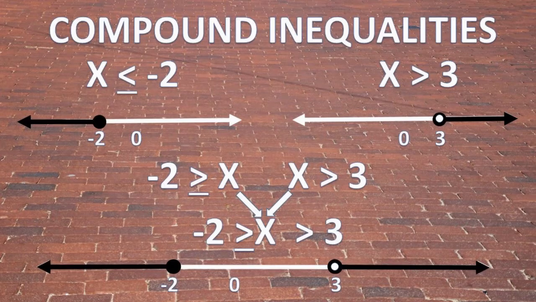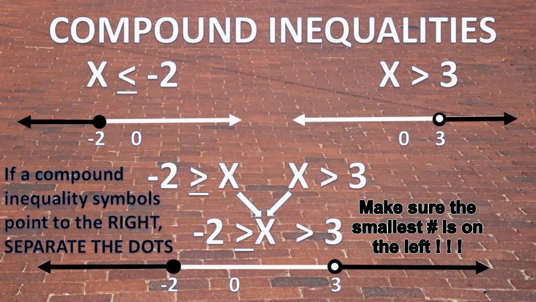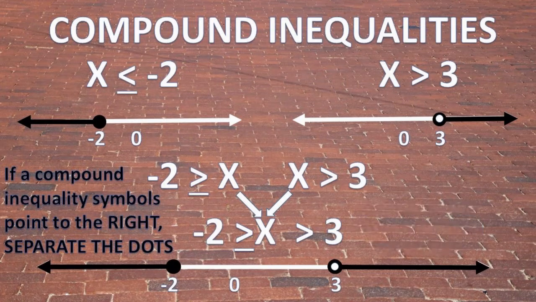The left arrow will go to the left, just as the above graph illustrates, while the right arrow will go to the right. Notice that the dots are not connected, they're separated. The rule to remember: in a compound inequality where the arrows or symbols point away from each other, you need to separate the dots.